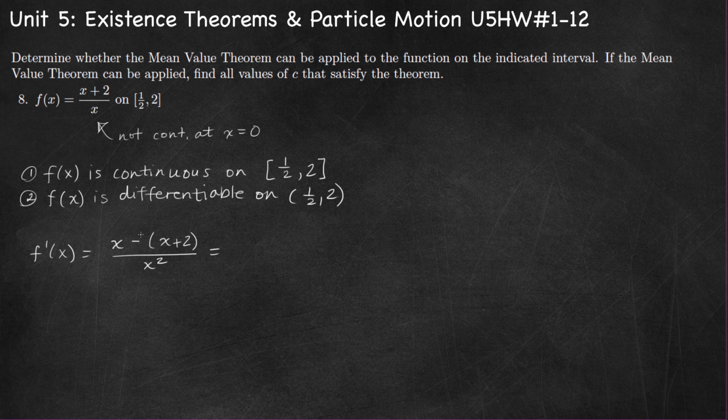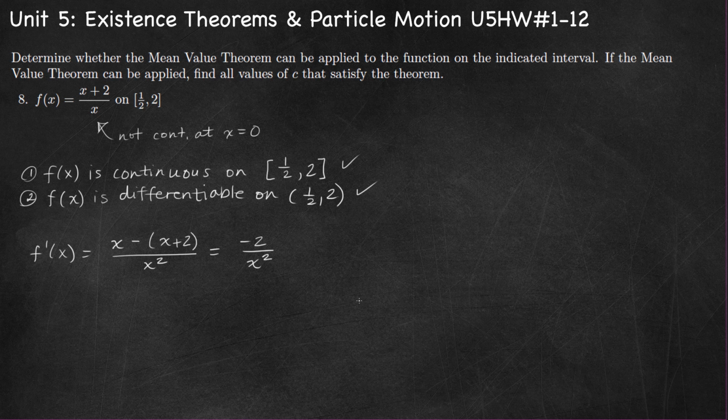And if we simplify that, x minus 2, we get negative 2 over x squared. So this derivative function does not exist when x is 0, but otherwise it does. So it is differentiable on the interval from 1/2 to 2.